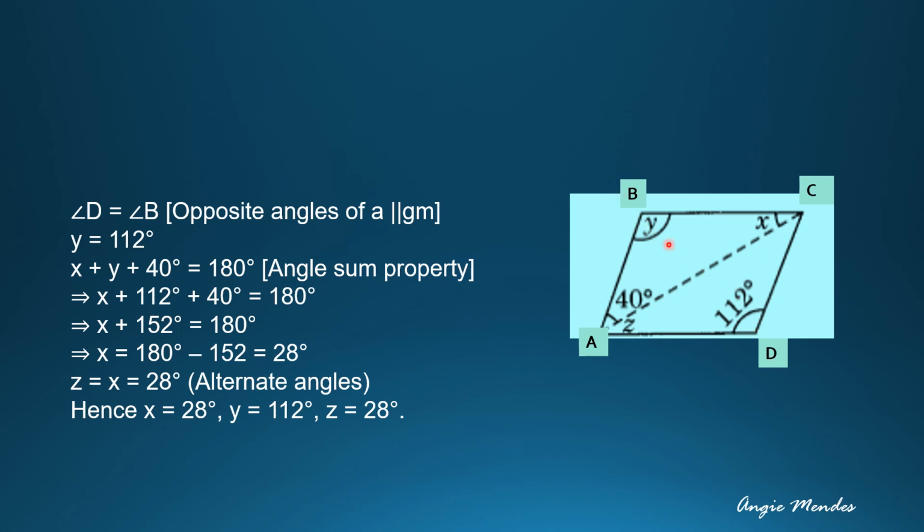That's because these are opposite angles of a parallelogram, and we know that the opposite angles of a parallelogram are of equal measure. So we can immediately say that angle Y is equal to angle D, which is 112 degrees.